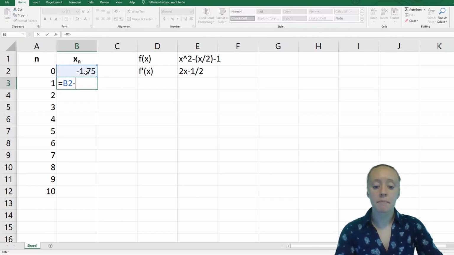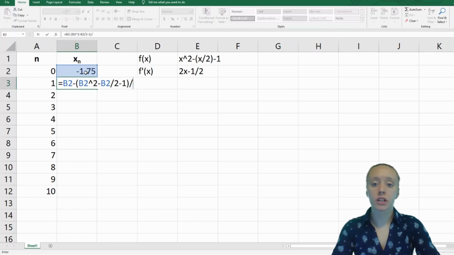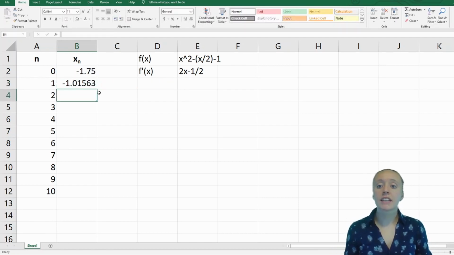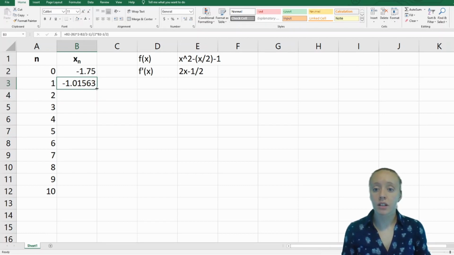X sub n minus f of x sub n, which is B2 squared minus B2 divided by 2 minus 1, and that's all over my derivative, 2 times B2 minus 1 over 2. Closing that parenthesis, my next x sub n value would be negative 1.01.